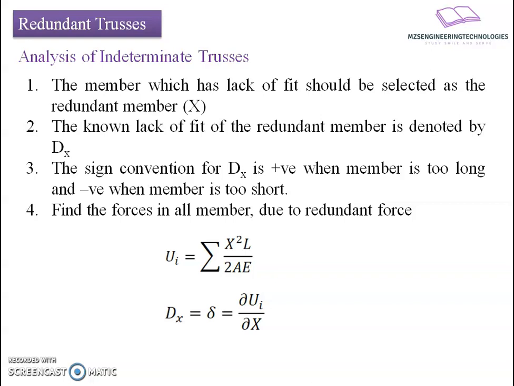The first step: the member which has a lack of fit should be selected as a redundant member, and as a replacement of this redundant member, we will apply an unknown force X as a redundant force there.